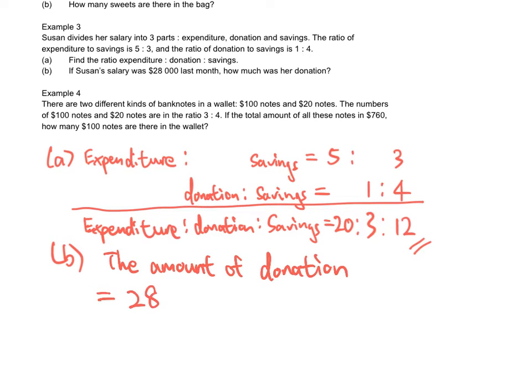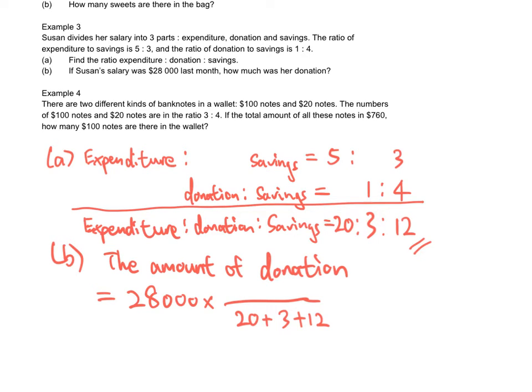First of all, 28,000 divide into how many parts? 20 parts, 3 parts, and 12 parts. Is it clear? And how many parts for donation?